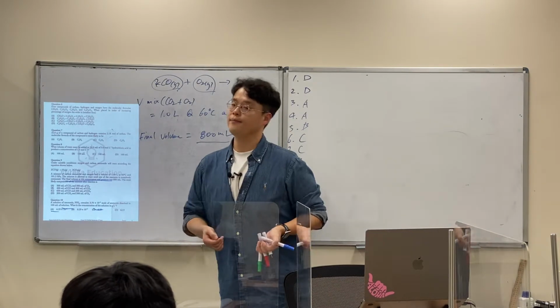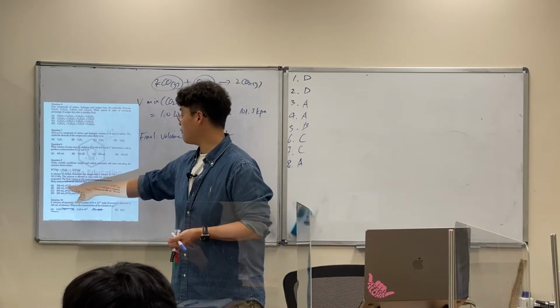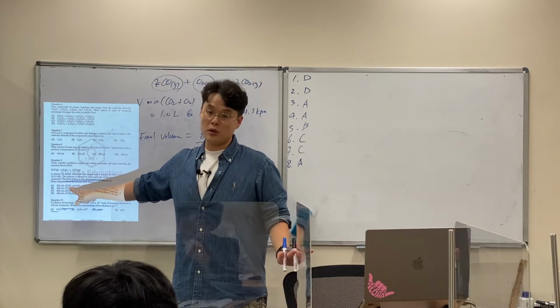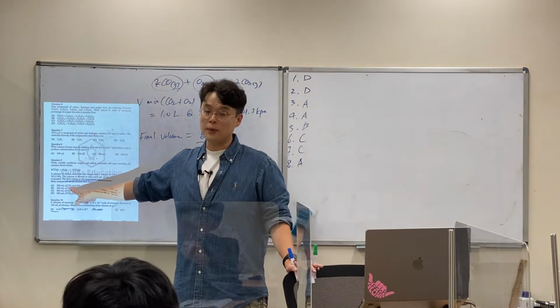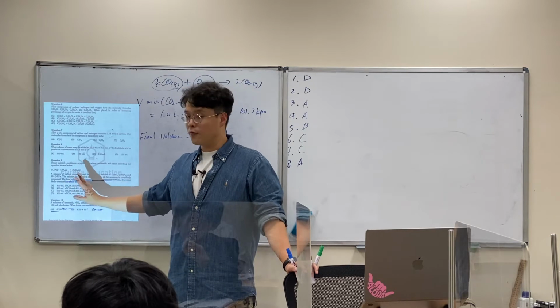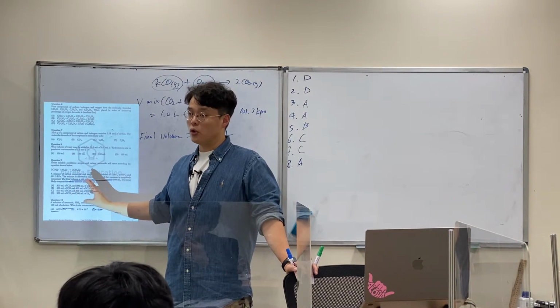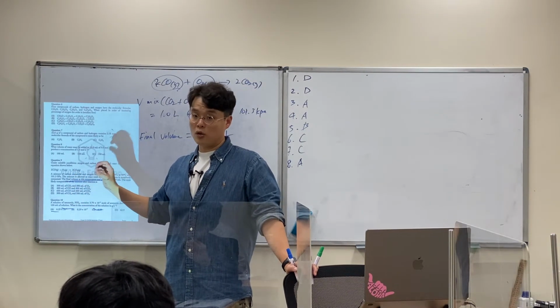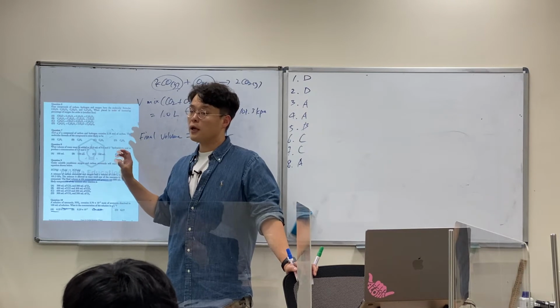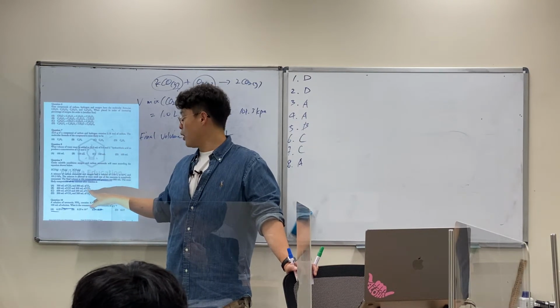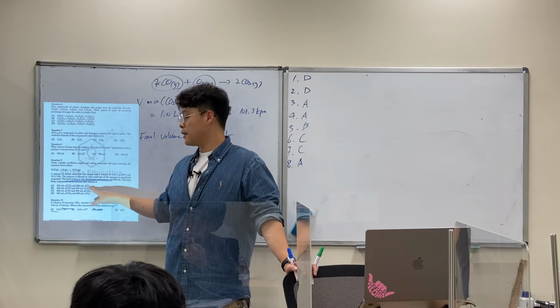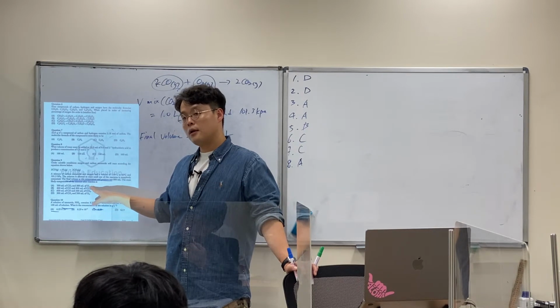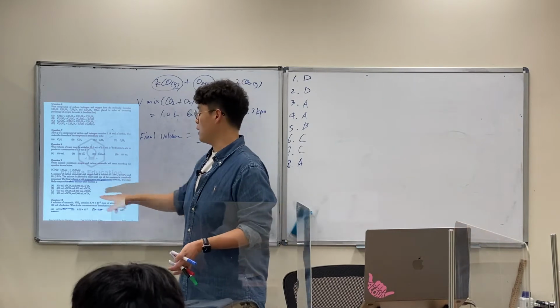All right, I tell you what. If we have 500 mils of CO2 initially, if we consume all of the CO2, what would be the volume of the CO2 required? Or let's think about the condition here.